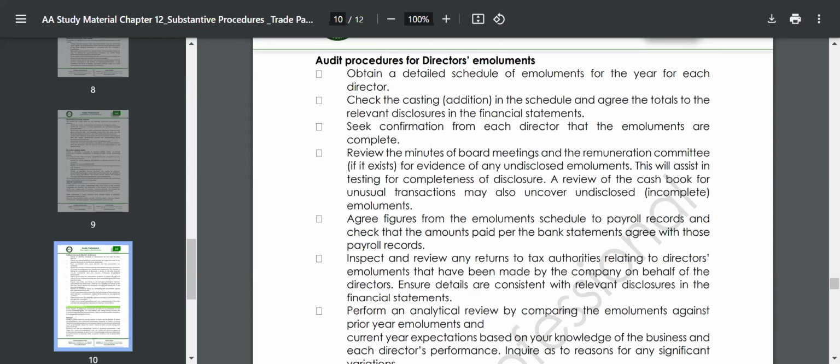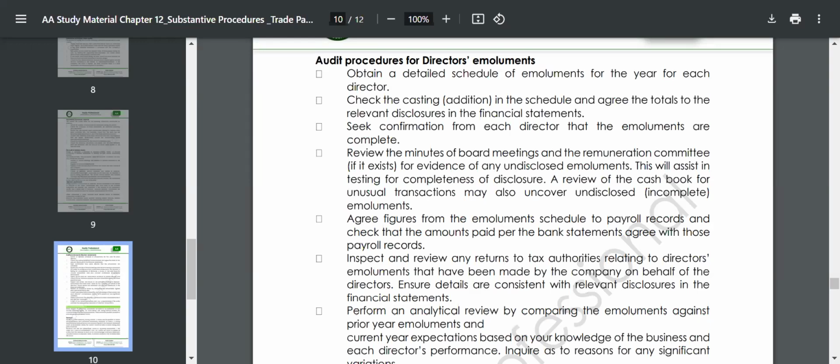It's normal for the contracts of service to be silent on their actual pay. But if the remuneration policy clearly states the percentage or the method of calculating, then if there's going to be an intervention, the auditor should note it. Because one of the procedures, if you look at it, says to seek confirmation from each director that the emoluments are complete.